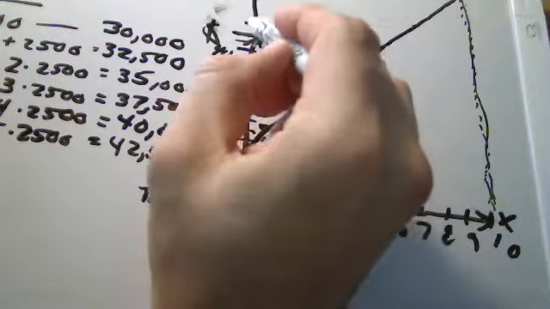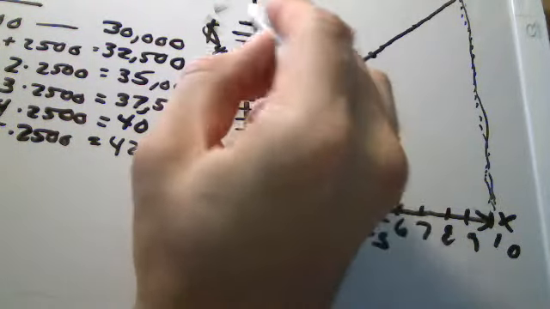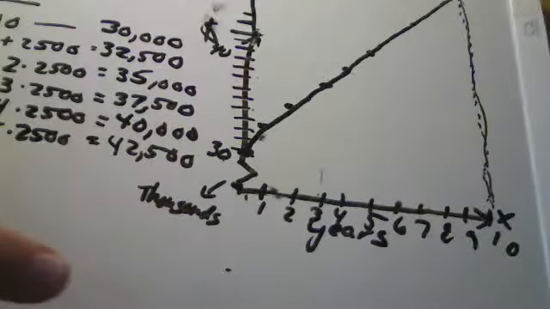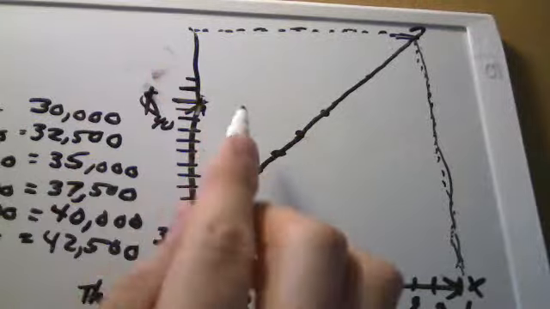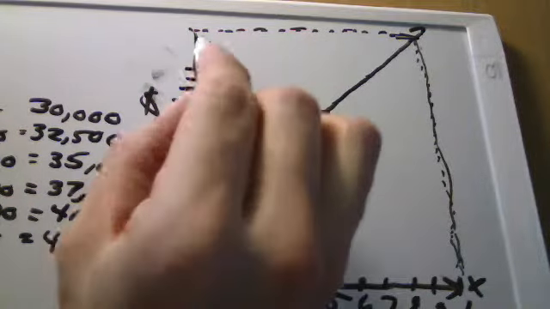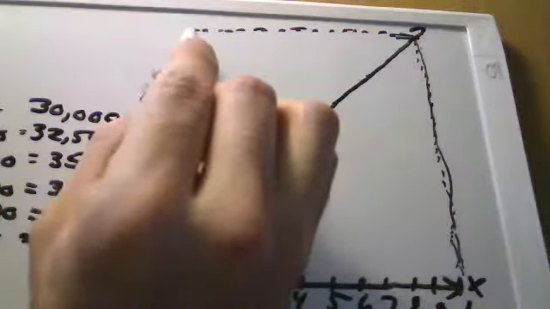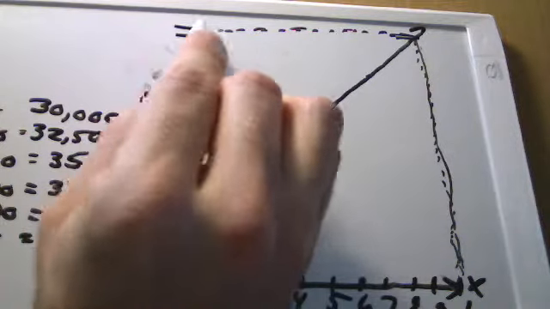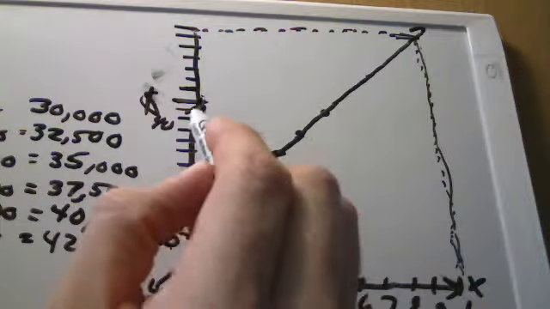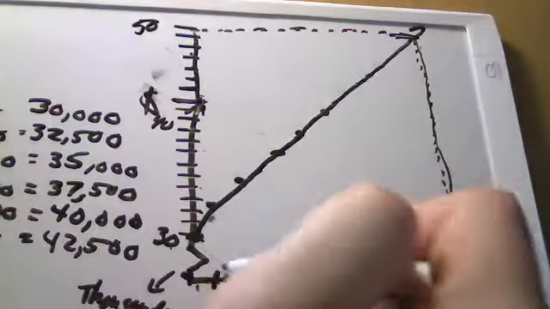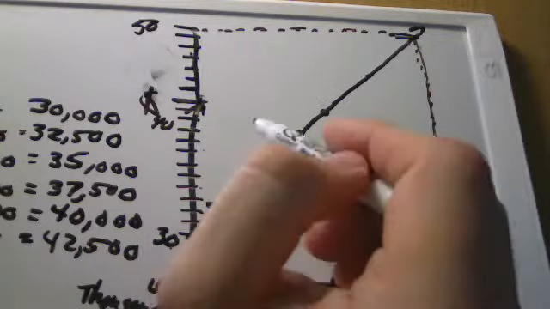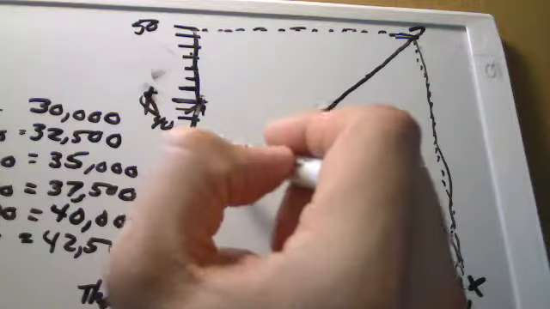So we have 43, that's where we left off. 44, 45, 46, 47, 48, 49, and that's 50. So the amount of money is approximately $50,000.